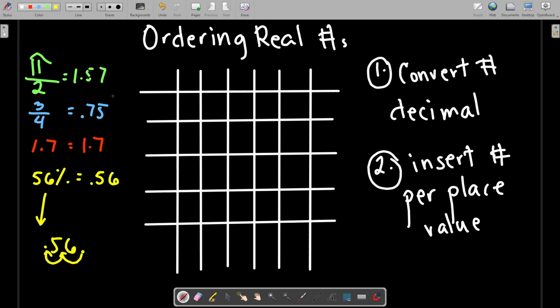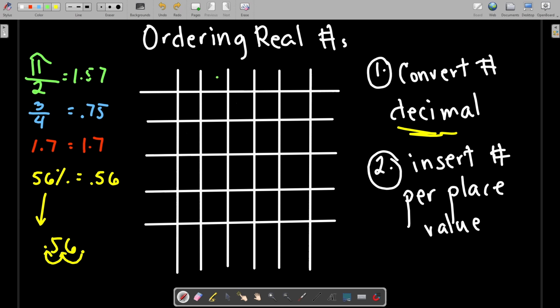Now, we have done step number 1, converting numbers into decimal form. Next, we are going to insert numbers per place value. This grid will definitely help. First, insert your decimal point. The decimal points need to be aligned.